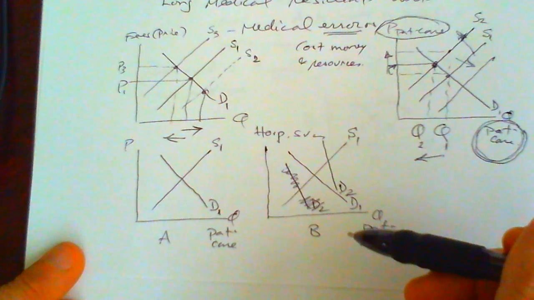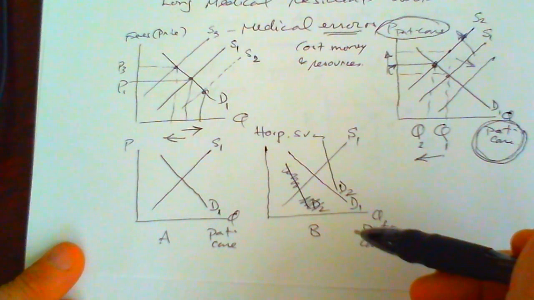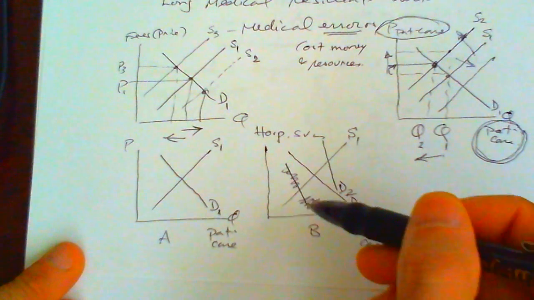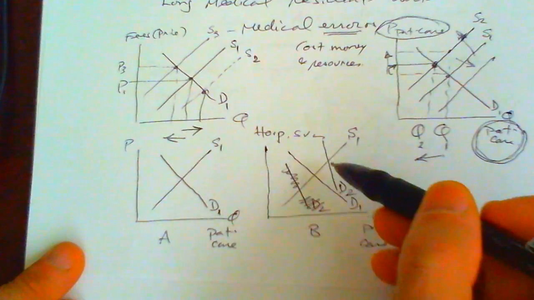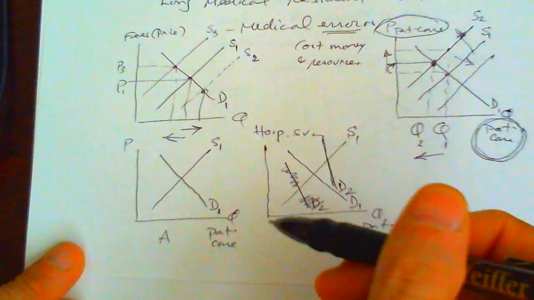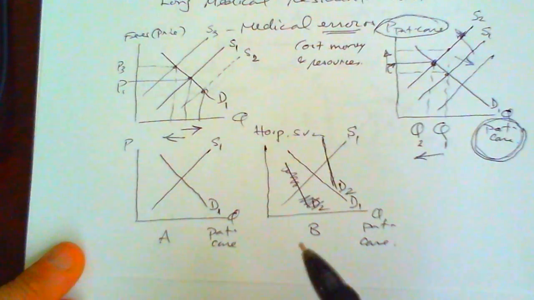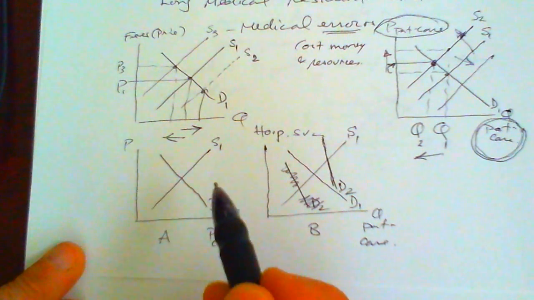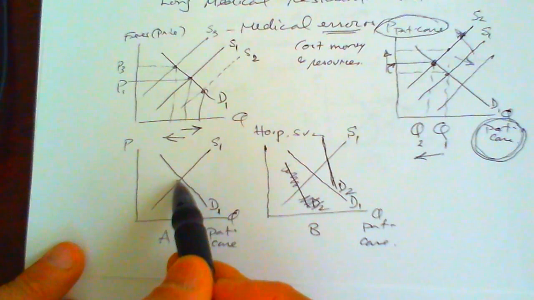If the consumer is more encouraged, more enticed, more interested in a product, the demand will shift to the right and potentially become less price elastic. And if the patient or consumer is dissuaded or doesn't see the value or the utility of the product, then the demand will shrink.